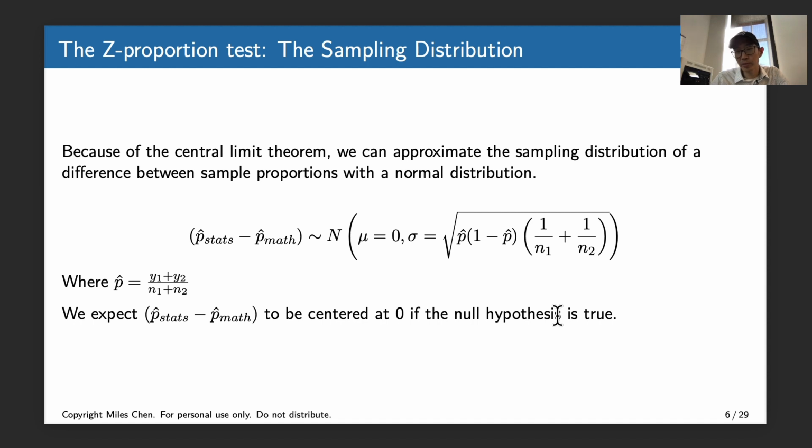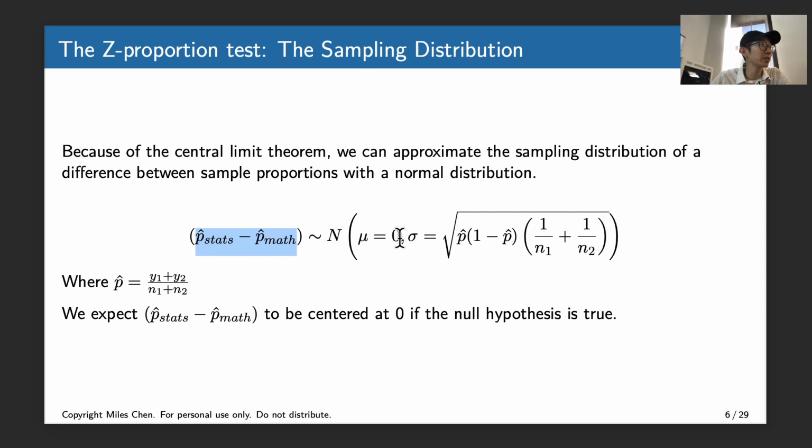Maybe you remember this, maybe not, but it doesn't matter. We would say, hey, when you take random samples and you calculate the difference between the proportions in these two random samples, that can be modeled with a normal distribution where the mean is equal to 0. Because if the null hypothesis were true, we would expect that difference to be around 0.